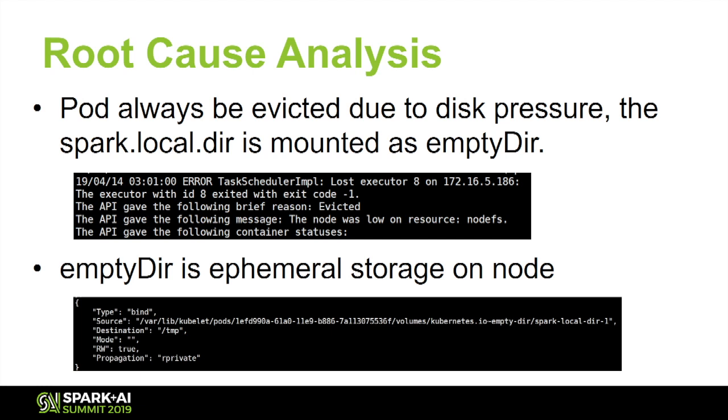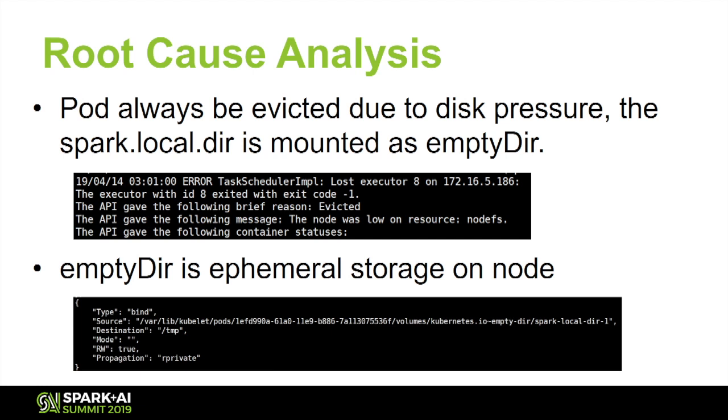Most of them get lost because the pod gets evicted. From the log capture here, we can see that the pod gets evicted due to disk pressure on the node file system.